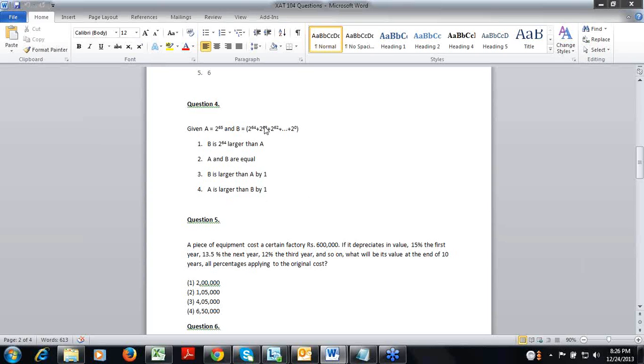So what essentially we need to see here is that this term B is actually the sum of a GP. So what is the sum of a GP? A times r to the power n minus 1 upon r minus 1. We'll put in the values.